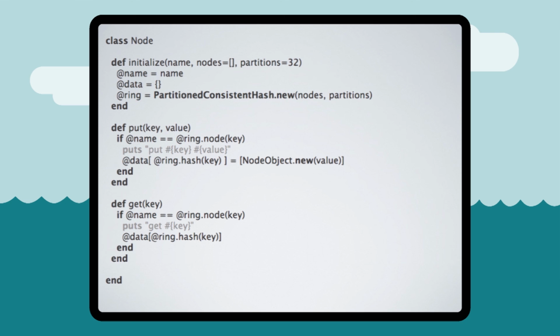Am I in the right place? If so, store it. Same thing with get. Am I in the right place? Okay, get it. And here's a sort of more truncated view. These are the more important aspects, but it's the same code. It's pretty simple. You get a value, you put a value, and it only stores that version locally if it's the correct node. Simple as that.